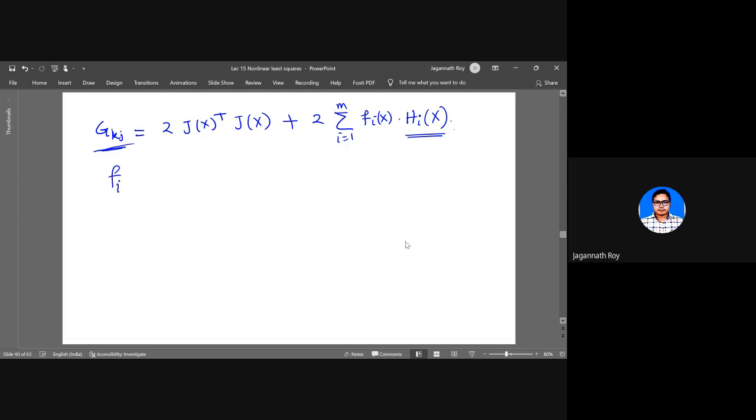So for f1, the Hessian will be h1 of x. For f2, the Hessian will be h2 of x, and so on.